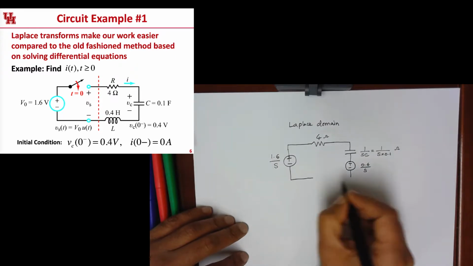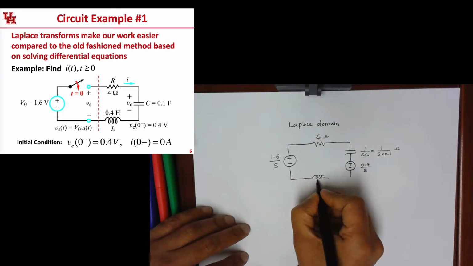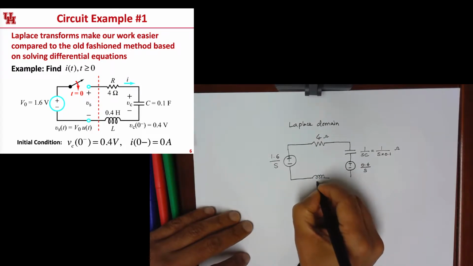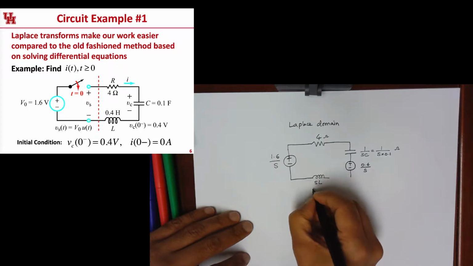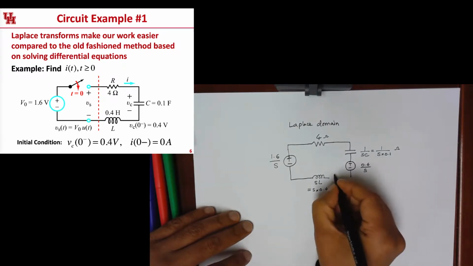And then when we get to the inductor, the inductor's value L is 0.4 Henry. So its impedance is going to be SL, which is S times 0.4. And then it's going to have a voltage source in series with that.